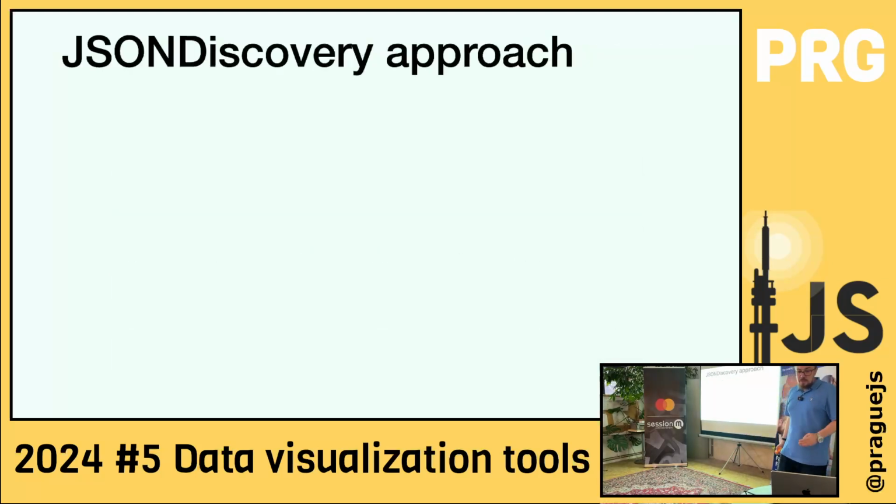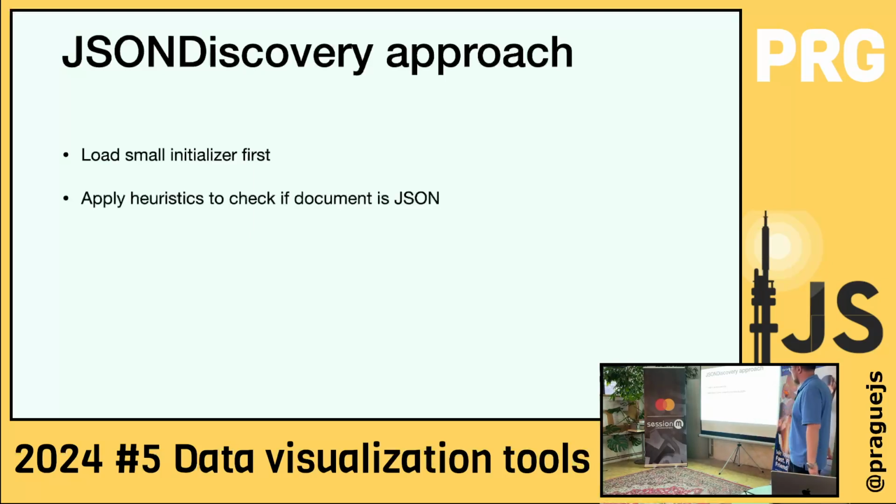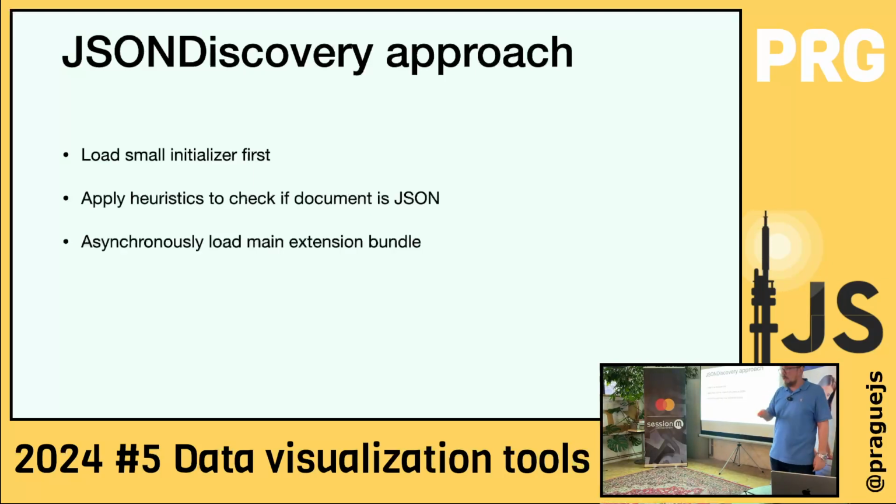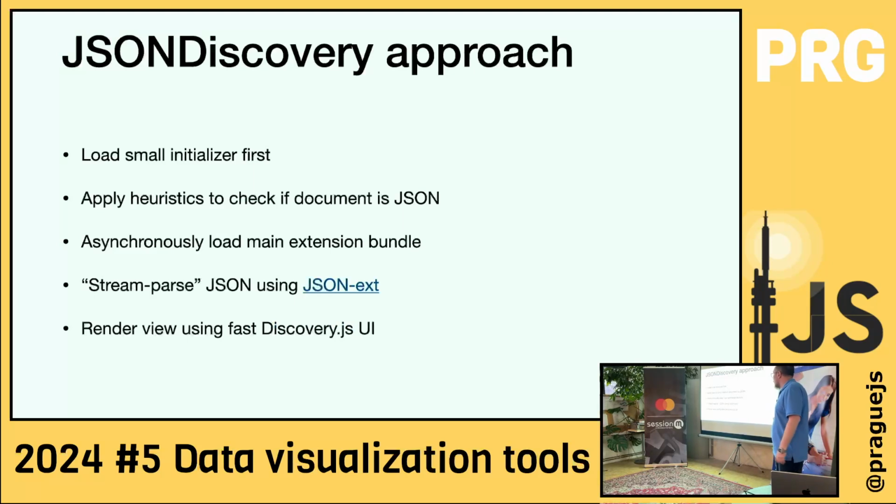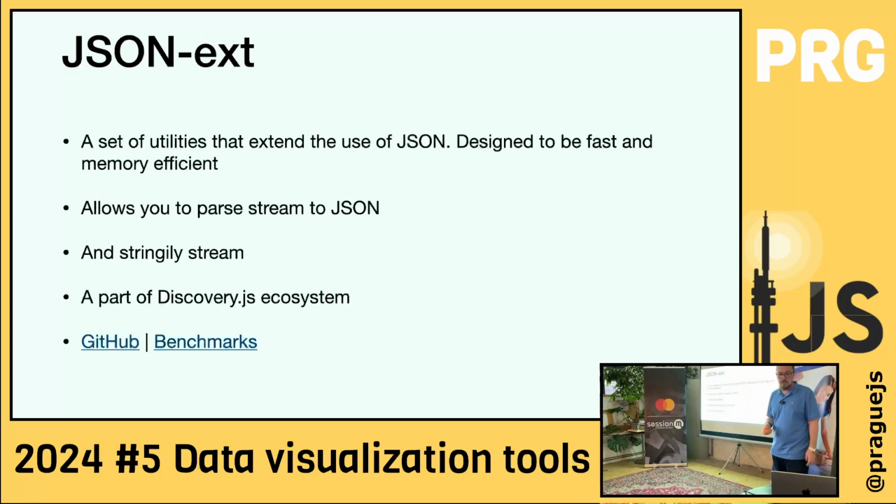So here it is. The approach is to load a small initializer first and get rid of it if it's not a JSON. So apply some heuristics and check if the document is JSON. Then load the main extension bundle, the main code, stream parse JSON using JSONX, and render the view using the fast user interface by discovery.js.